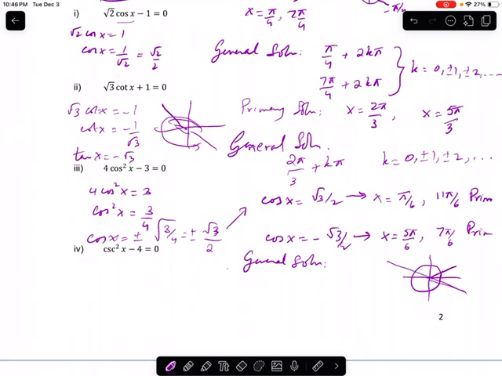So again this is giving us the situation of the tangent, right? So instead of now saying pi over 6 plus 2k pi, 11 pi over 6 plus 2k pi, 5 pi over 6 plus 2k pi, 7 pi over 6 plus 2k pi, we will be writing many of these values twice.